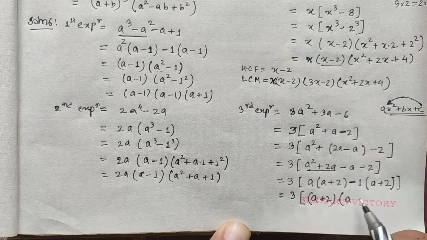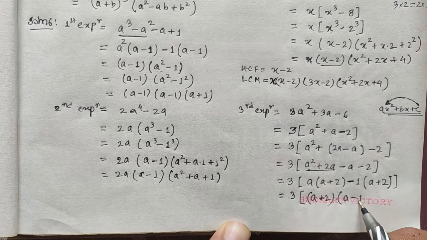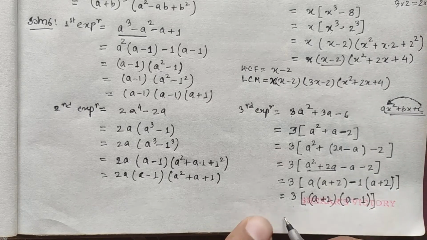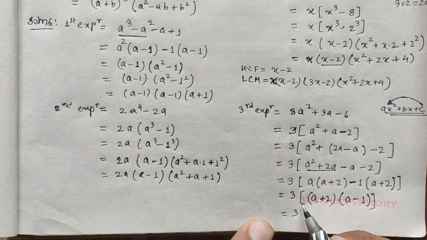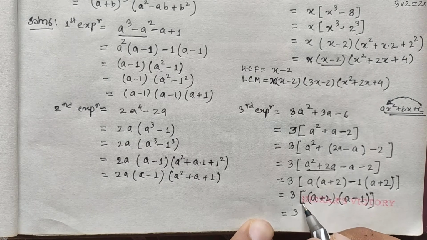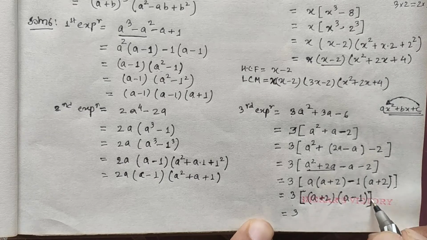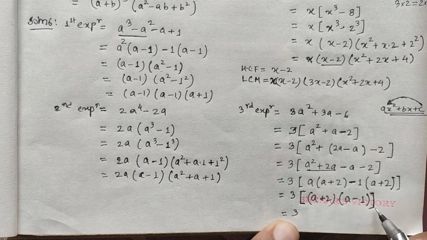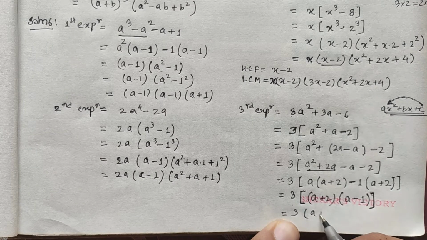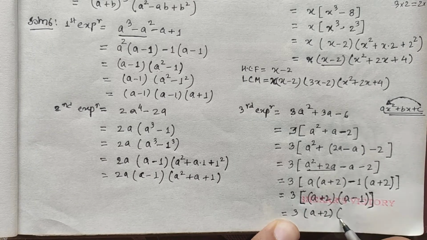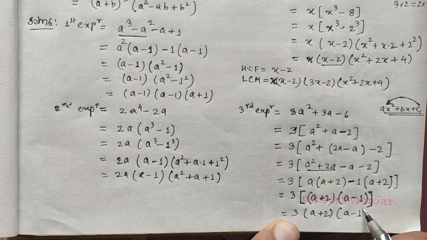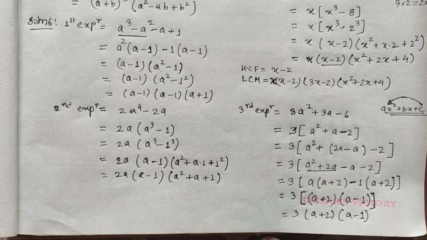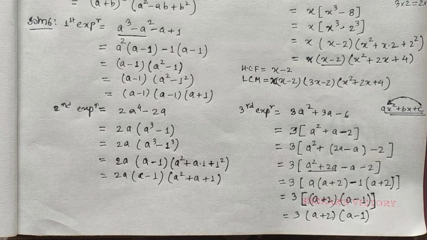A is the remaining. In the second term, minus 1 is the remaining. There is a multiplication sign, so you don't need to write the large bracket. So this is your factorized form.